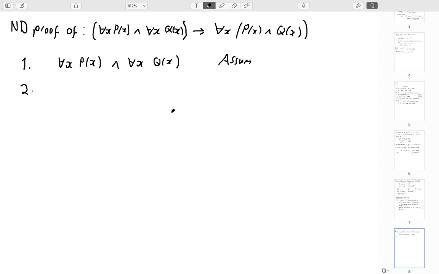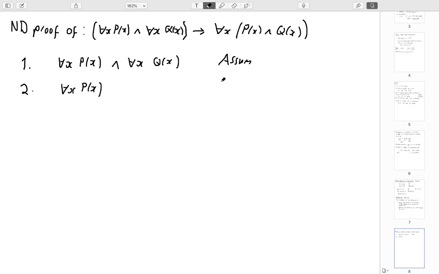Now, to revise a bit of the rules for propositional logic, when we've got a conjunction, we can apply the elimination rules on the left and the right. Because we've assumed the conjunction, we can also derive that each of the conjuncts holds. So for all x, Px holds.